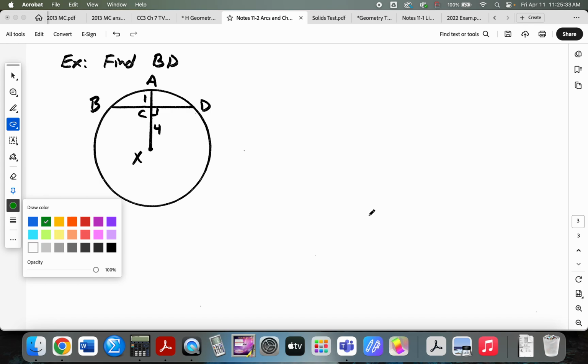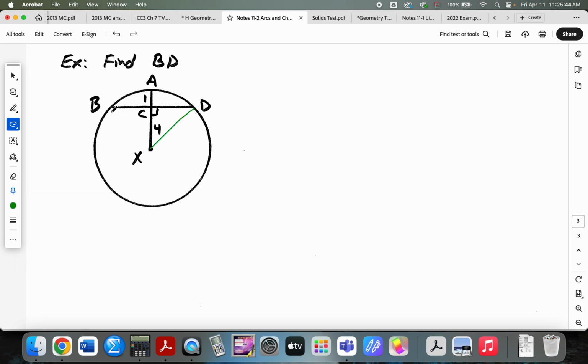Christina knows. What should you do? Connect XD and XB. Yeah, you don't have to do both, but you do need to do at least one of them. Remember, one of our themes this semester is if you don't have a right triangle, make one. That's going to come up a lot in this unit.